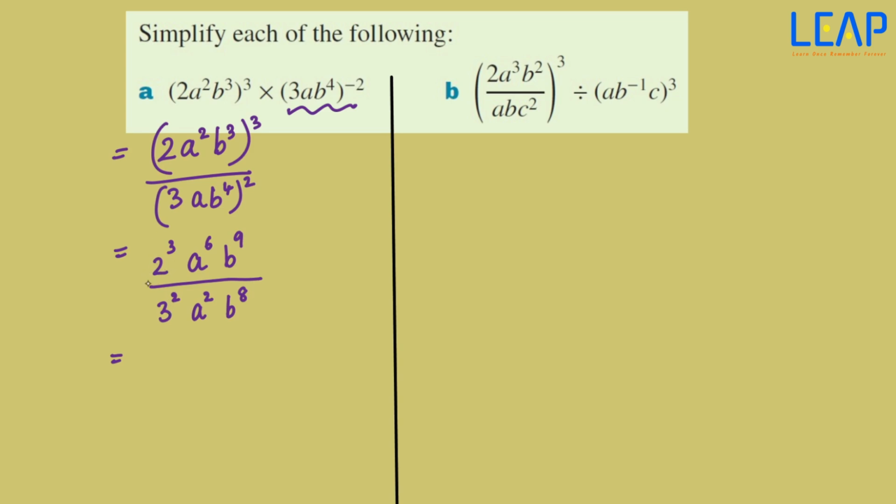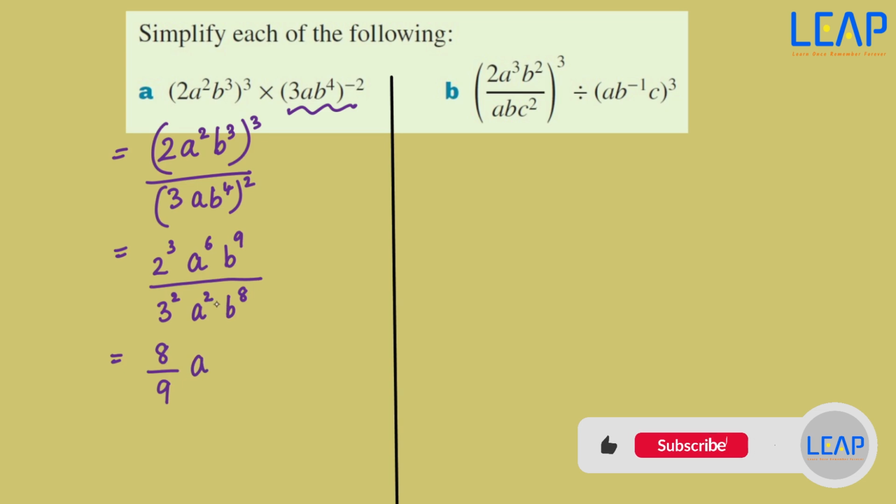So 2 cubed, when you simplify, 2 times 2 times 2 gives you 8. And over 3 squared, it's 9, 3 times 3, right? Don't write it as 6. Many people do that. So 3 squared is 3 times 3, not 3 times 2. All right. Then we'll apply the law of index number 2 for a and b. The base is a.